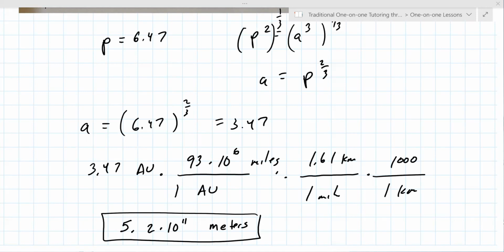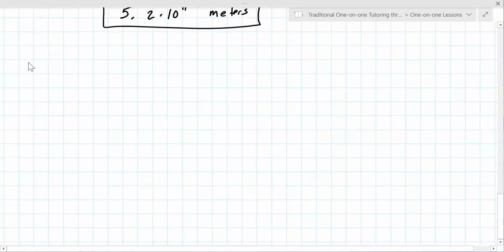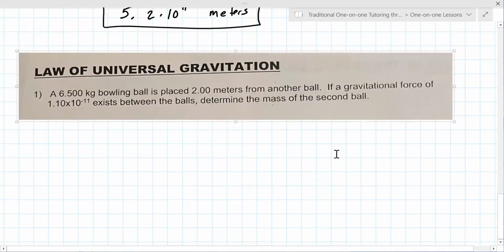Okay, so can we go to the law of universal gravitation now? Yes. Okay, so this looks and feels like a lot of the questions we did, I think, last time we met.